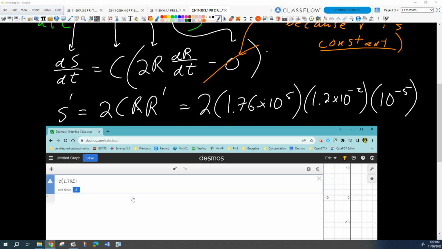You just get a variable. So 1.76 times 10 to the fifth, times 1.2 times 10 to the negative 2, times 10 to the negative fifth, gives us that.